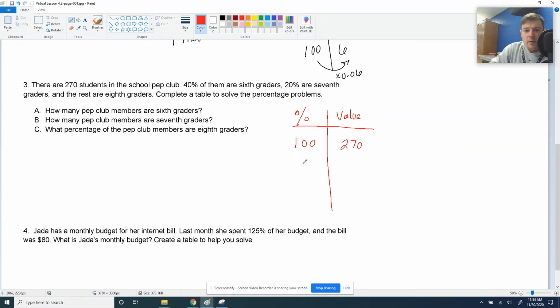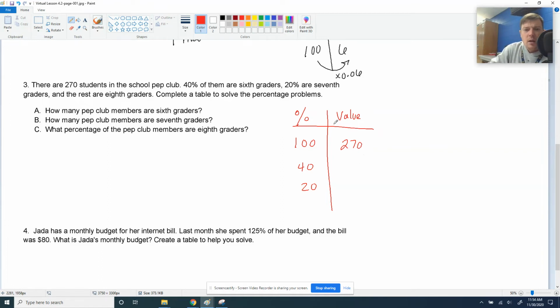We're trying to find 40, 20, and the remaining. Now, the remaining would be another 40% because 40 plus 20 is 60, and that's 40% away from being everybody else. So when we find the number of 6th graders, we also have the number of 8th graders because they are identical here. So we just need to find out these two question marks.